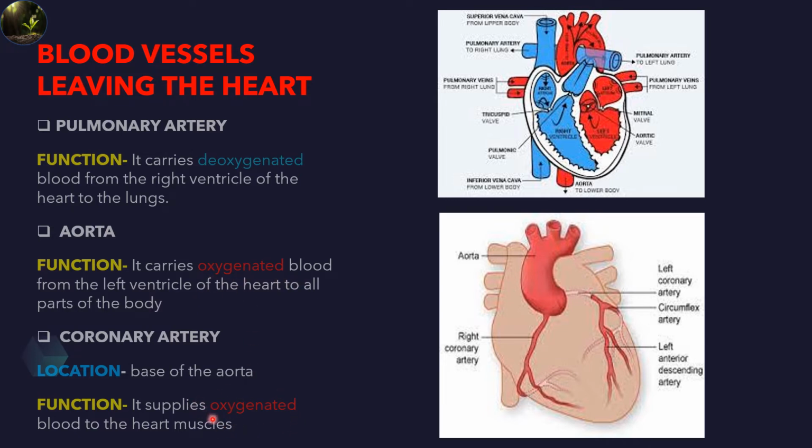All the arteries carry oxygenated blood, but there is an exception, that is the pulmonary artery. Only the pulmonary artery carries deoxygenated blood. So we can say all the arteries carry oxygenated blood except the pulmonary artery.